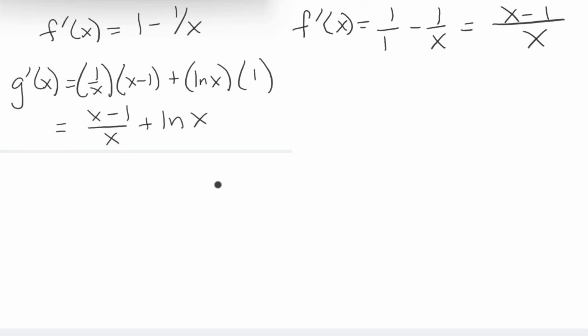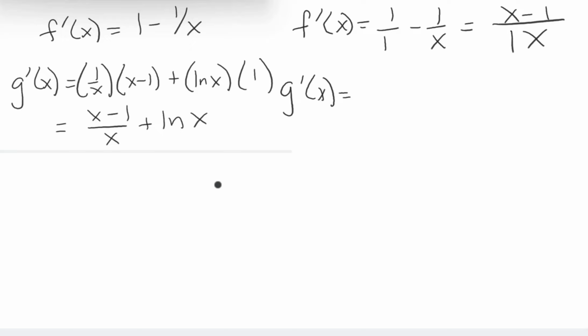Yep, sure. Common denominator because x is also over 1.